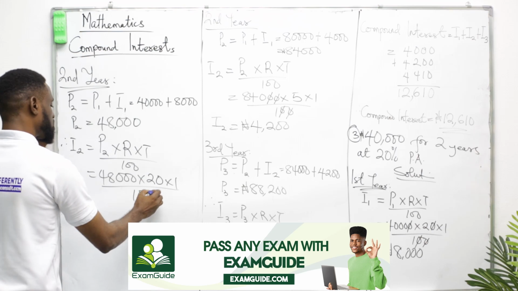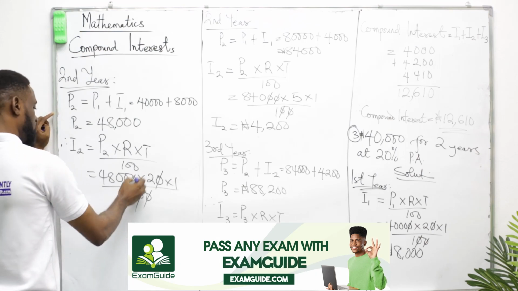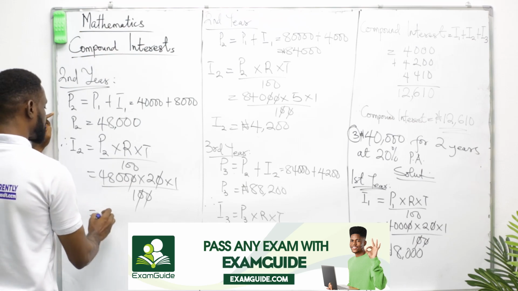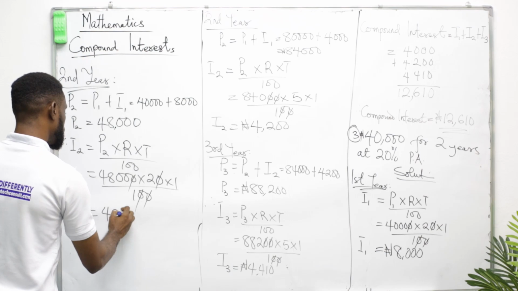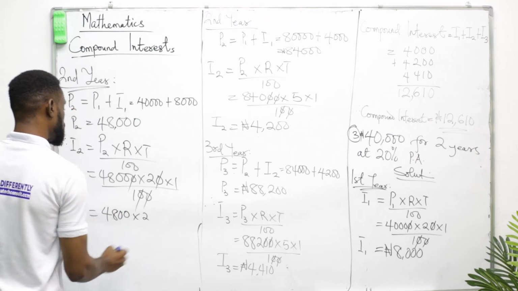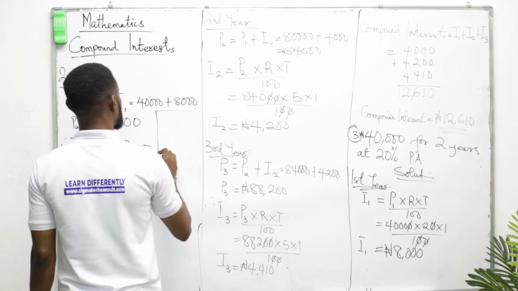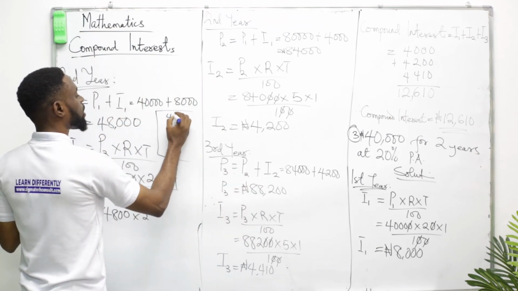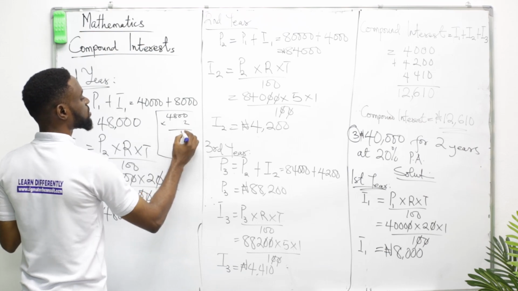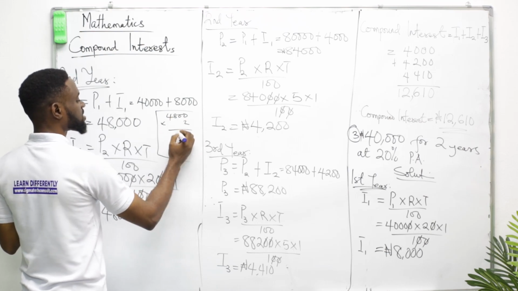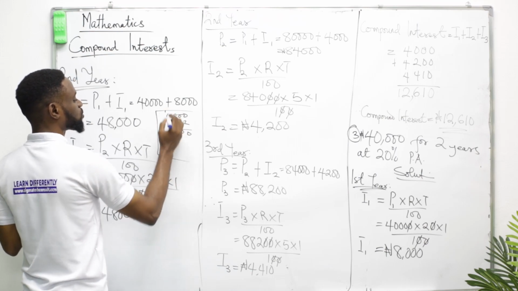So this removes this, this removes this, so we are having 4,800 multiplied by 2. 2 times 8 is 16, 6 carry 1. 2 times 4 is 8 plus 1, 9.